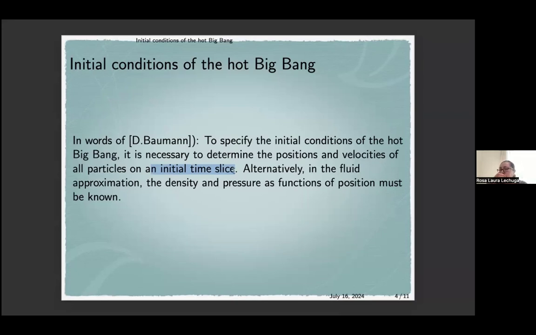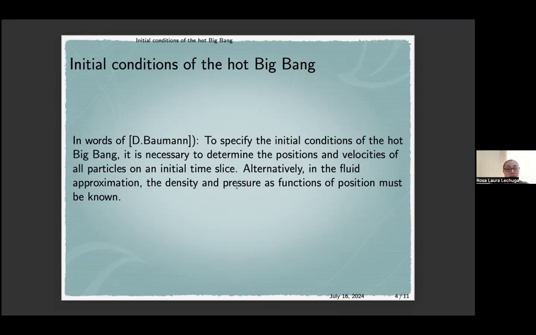These slices represent only the space part, and we choose an initial time, the time for the hot Big Bang, and then at this moment, it was necessary to determine all the positions and all the velocities for all the particles in that slice.